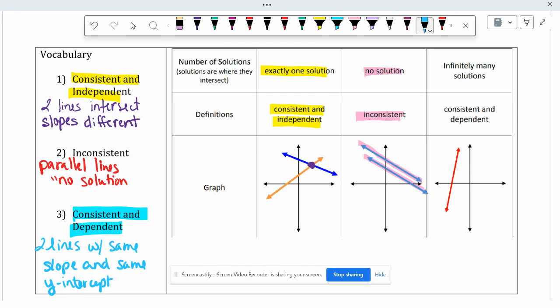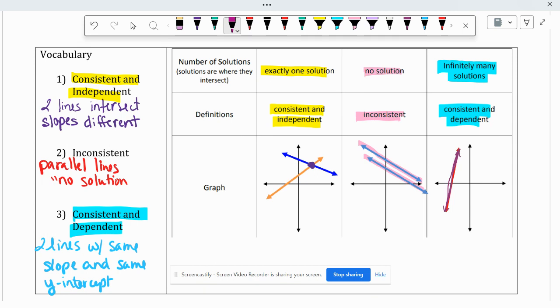Same slope and same y-intercept. And what happens is you actually have 2 lines here, one right over the other. So the lines are actually stacked on top of each other, which means that you have infinitely many solutions. This is a consistent dependent.